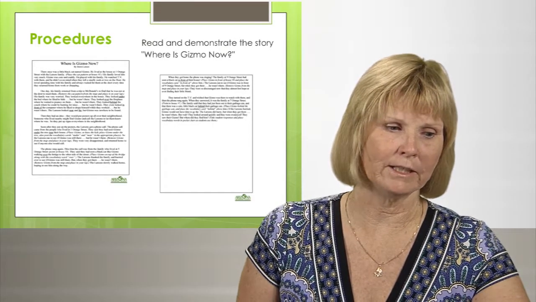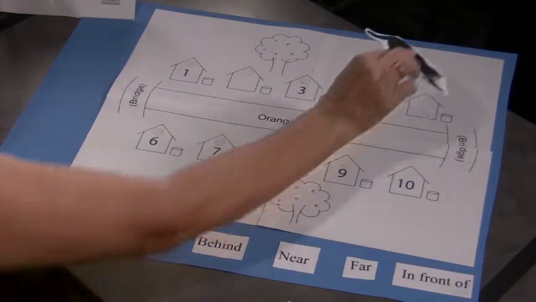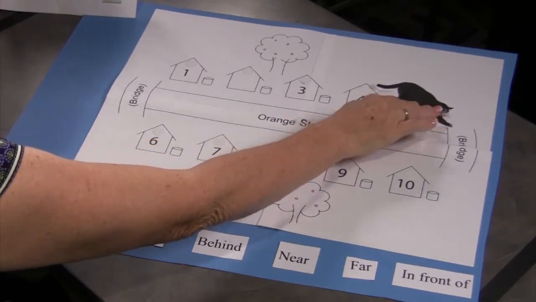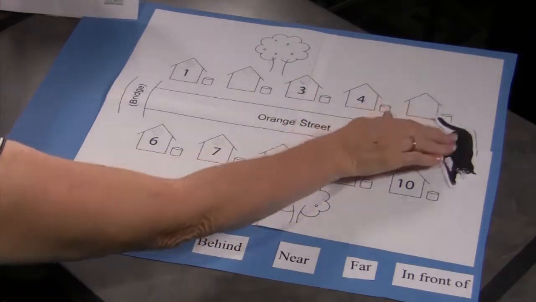The phone rang again. This time the call was from a family who lived at 5 Orange Street. They said they had seen a black cat, Gizmo, over the bridge to the other side of the street. And then you place Gizmo over the bridge.